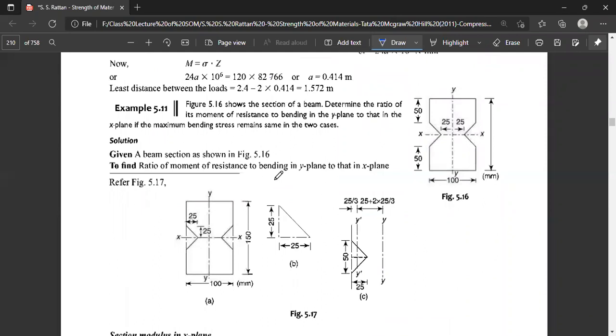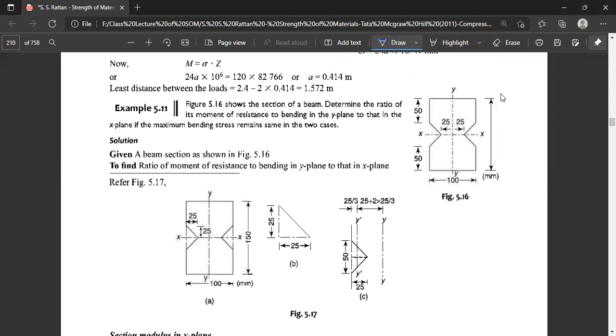Now, let us go for the next problem. The figure shows the section of a beam. Determine the ratio of its moment of resistance to bending in the y plane to that in the x plane.